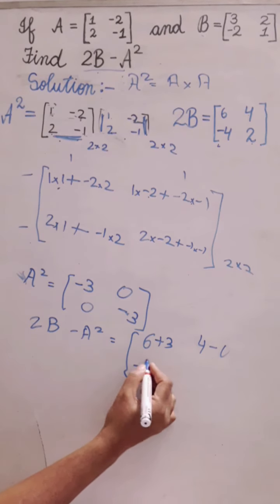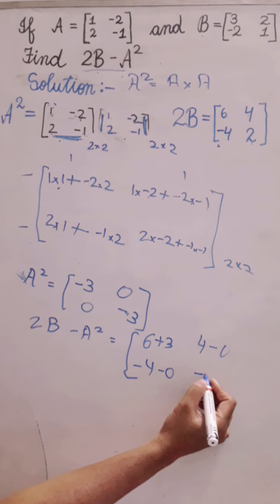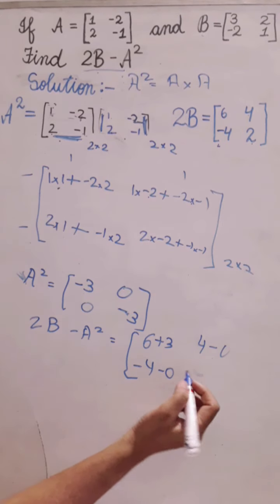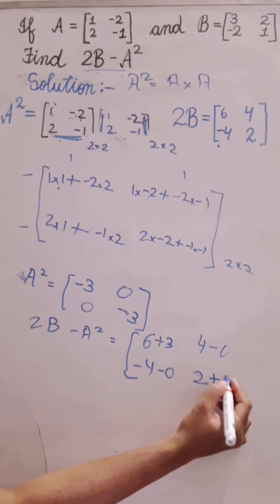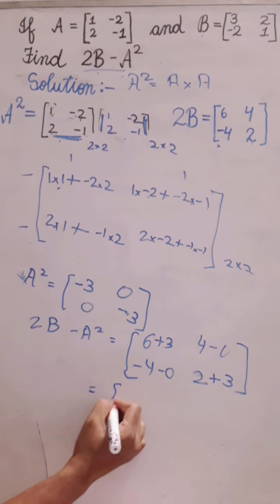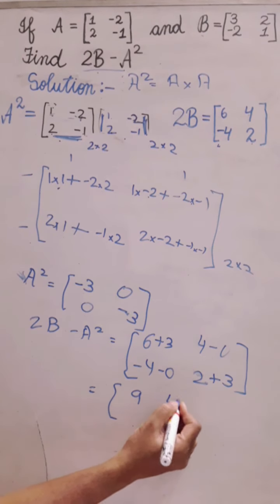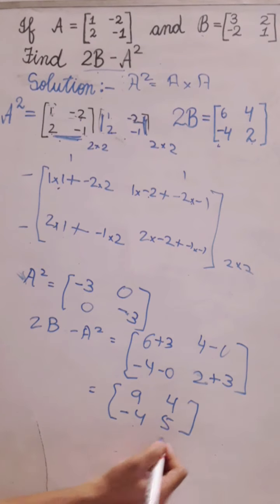Then minus 4 and this is minus 0. Then here 2B is 2 and minus minus will become plus 3. So here you will get 9. Here you will get 4, minus 4 and 5. So this is our required answer.